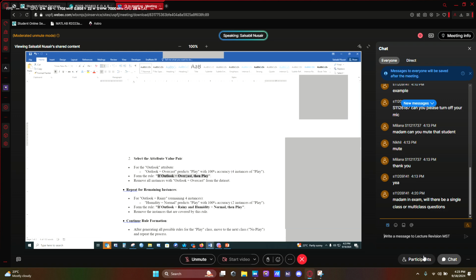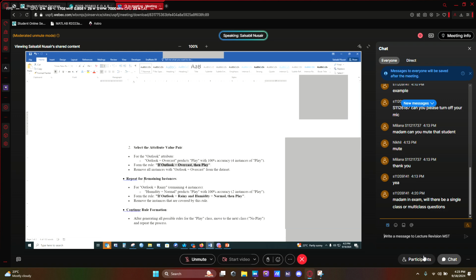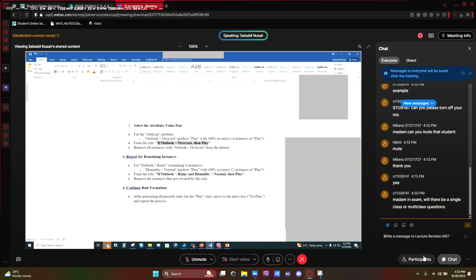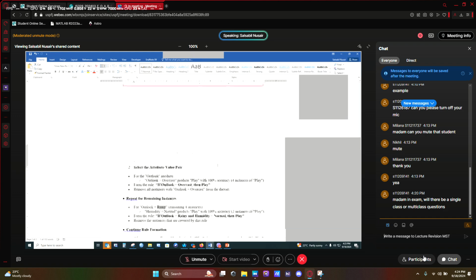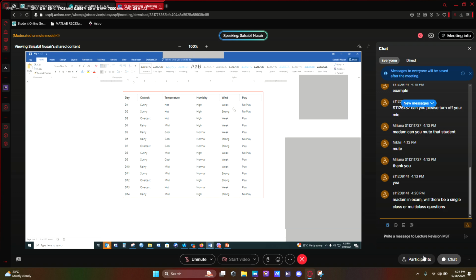Now you will have to repeat this process for all the remaining instances. For Outlook, we also had rainy. So you have to examine what we have for rainy. The first thing you want to do here is look at how many plays we have. We have 1, 2, 3, 4, 5, 6, 7, 8, 9.